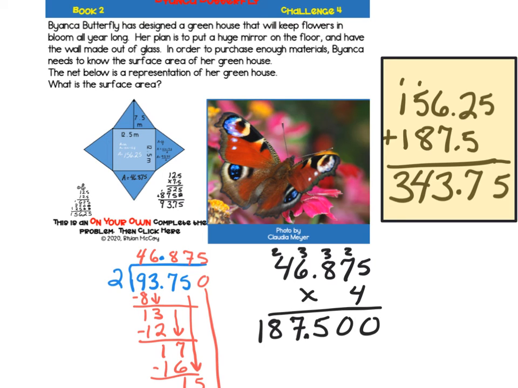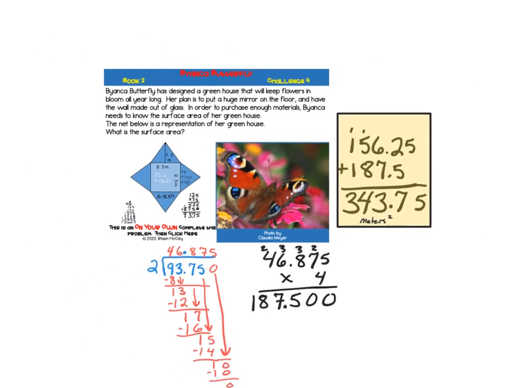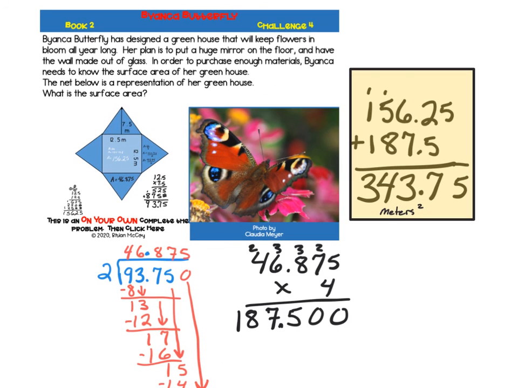So let's go ahead and write that in. And there we have it, meters squared. And hey, my friends, that is the amount of material that our good friend Byanca Butterfly is going to need to purchase for her greenhouse that will keep these flowers in bloom all year long.